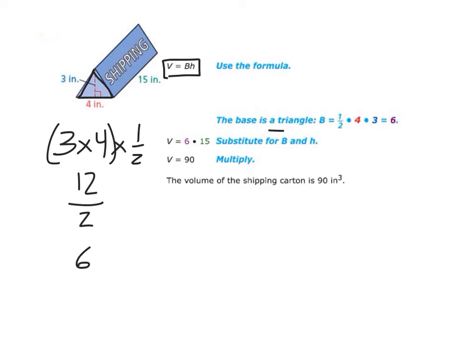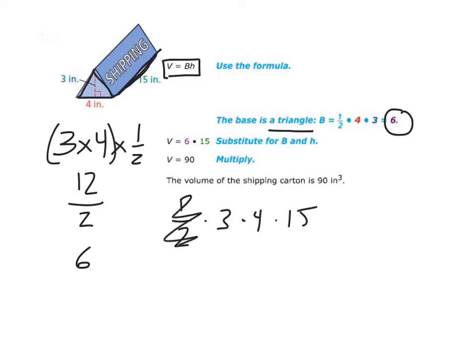So the base of the prism is B equals 1/2 times 4 times 3, which is 6, like I just said. And its height, or how long it is, is 15. So to find the volume of this prism, we would do 1/2 times 3 times 4 times 15.